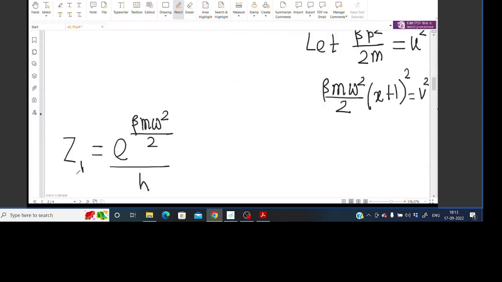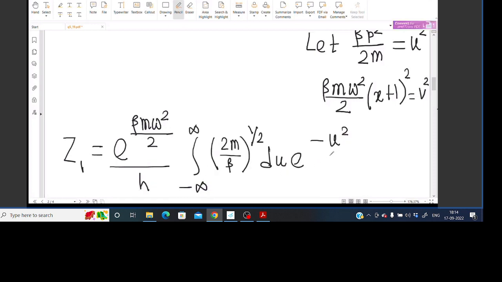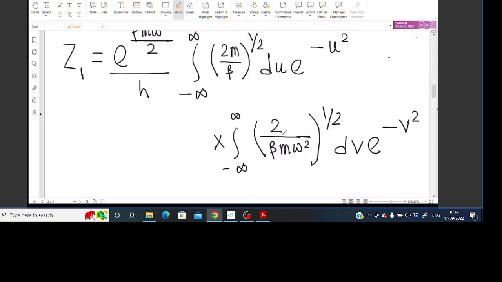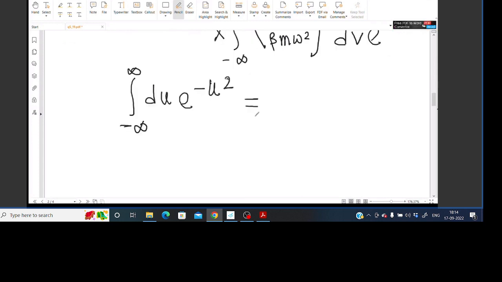Then we get Z1 equal to e to the power beta m omega square by 2 by h into integral du e to the power minus u square into 2m by beta whole to the power half into 2 by beta m omega square whole to the power half into integral dv e to the power minus v square.